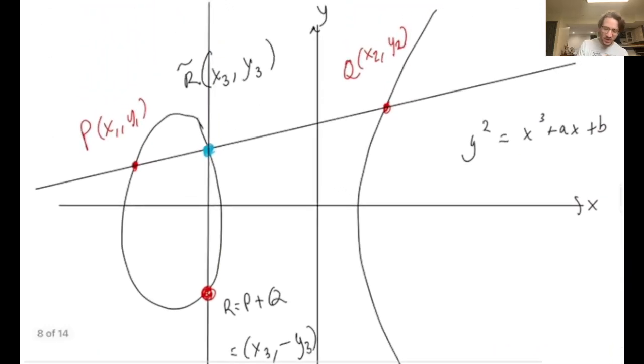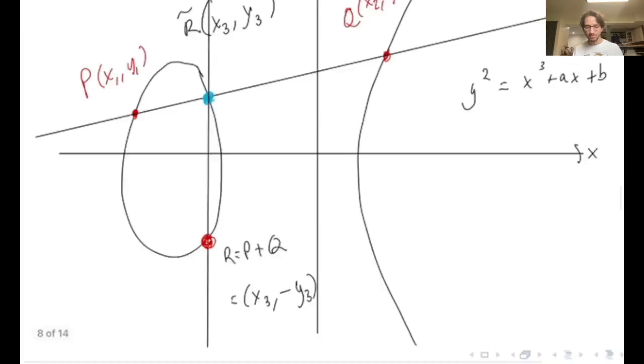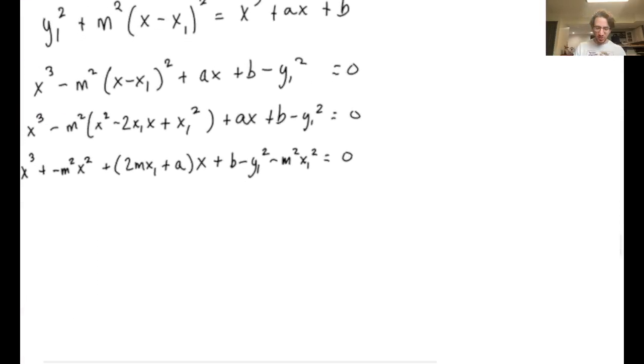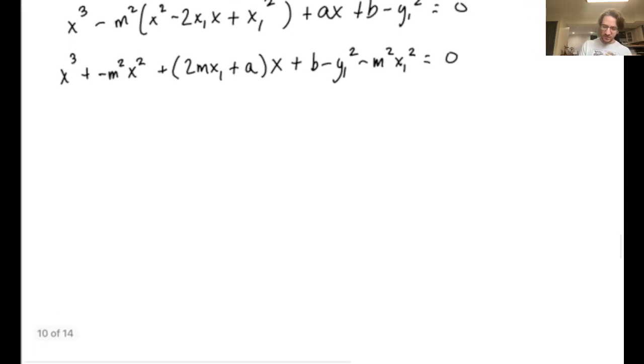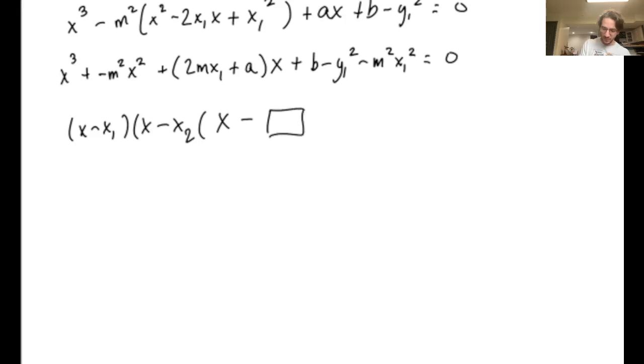I know that x1 and x2 automatically solve this equation. So if I want to factor this, I know that this is going to look like x minus x1, x minus x2, times x minus something, equals 0. And we want to find x3, so I'm just going to call it x3.